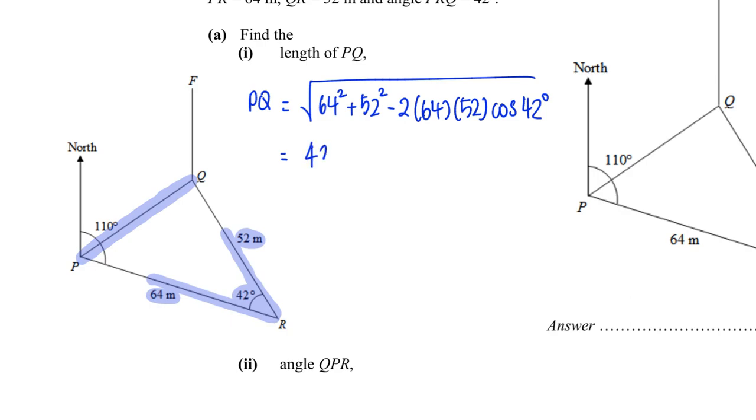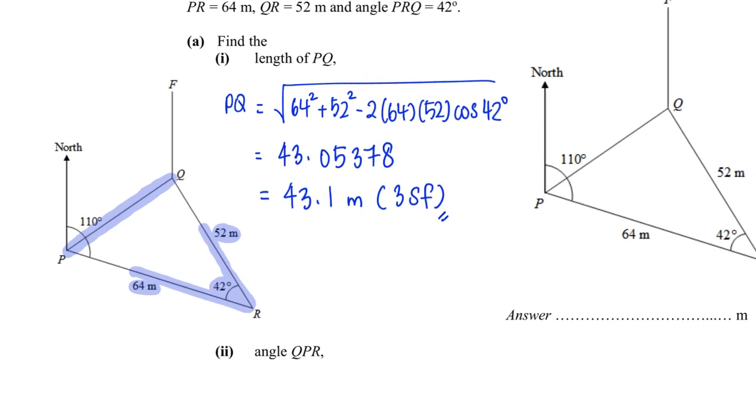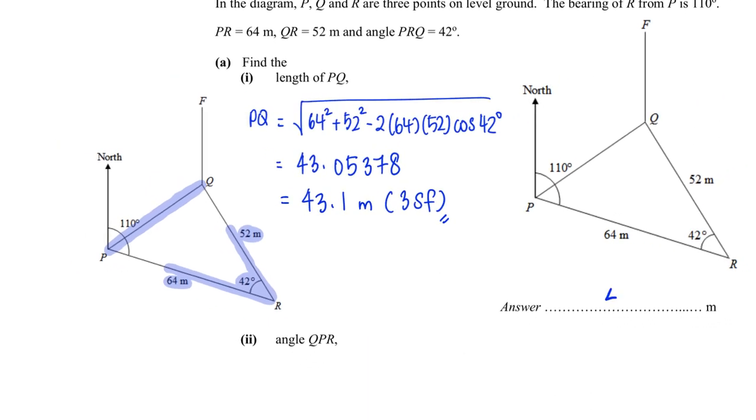This will give me 43.05378 to about 7 significant figures, just for accuracy, followed by the final answer in 3 SF. So that is for part A.